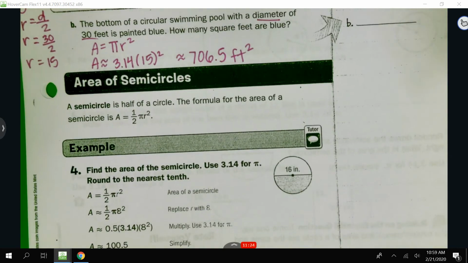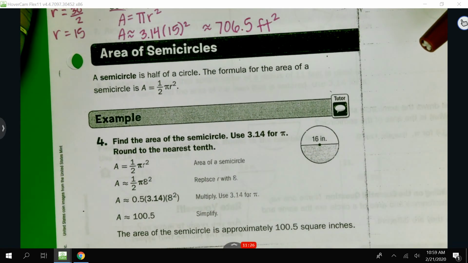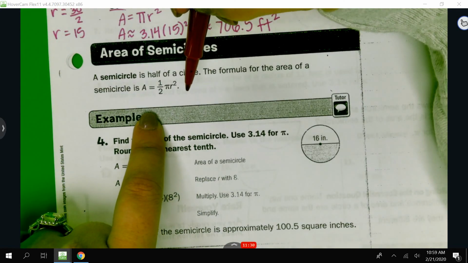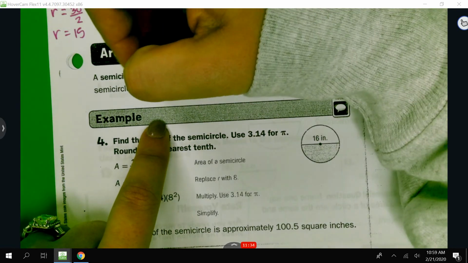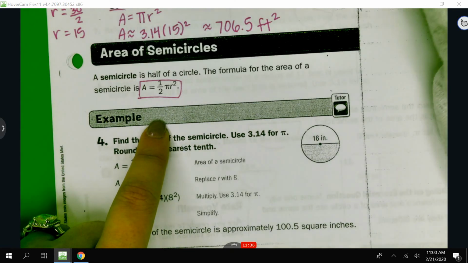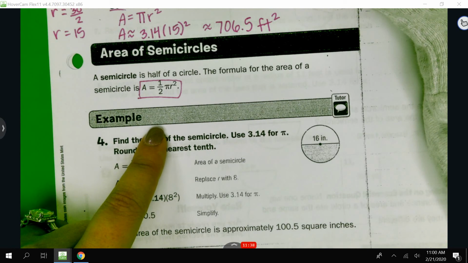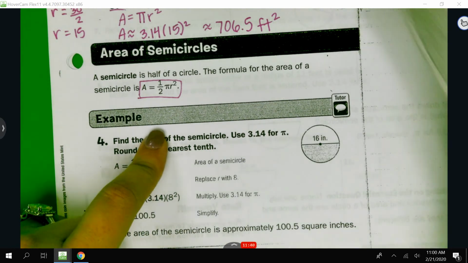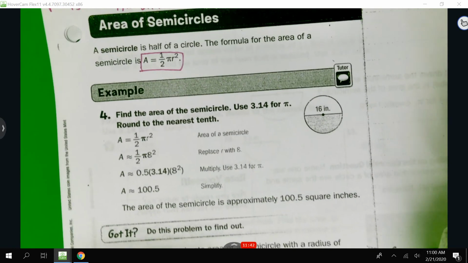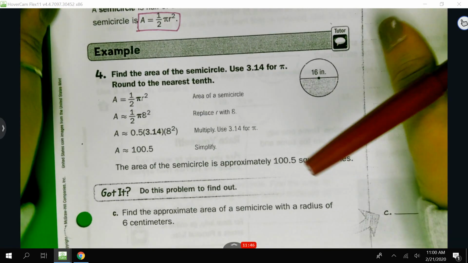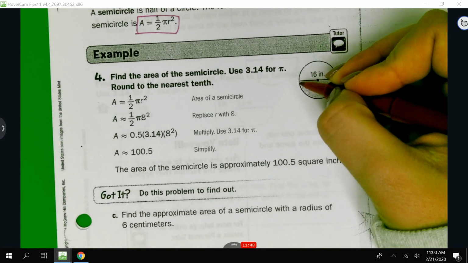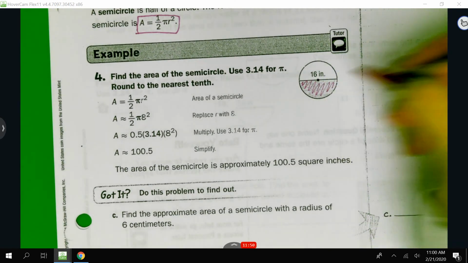Alright. What is a semicircle? Half of a circle. So it only makes sense for your formula to be 1/2 of the regular formula of a circle, right? So if you have a semicircle, A equals 1/2 pi r squared. Or pi r squared divided by 2. So example 4, you're finding the area of the semicircle, so this area that's shaded.